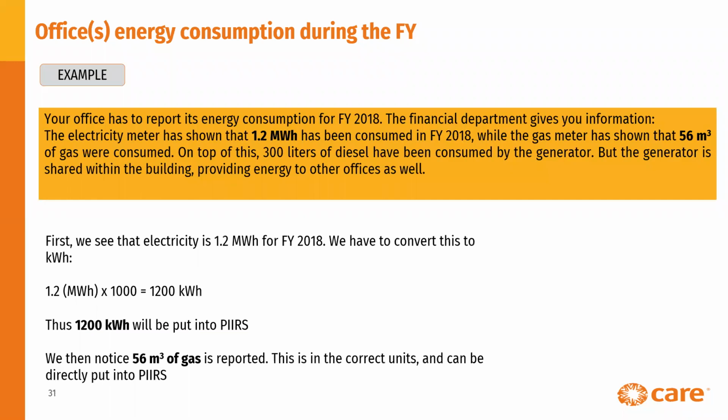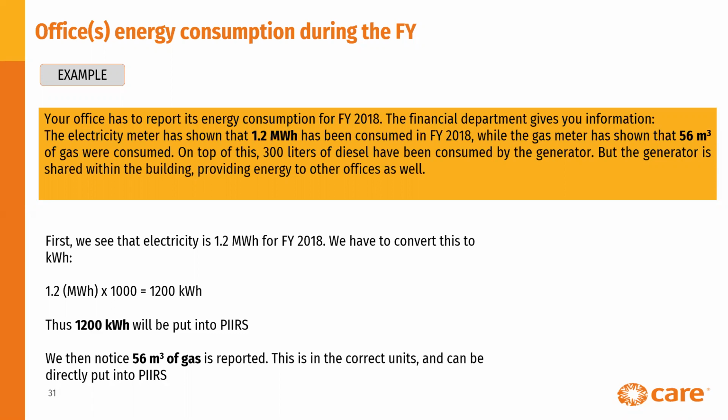We then move to an example to illustrate the filling in of this quite complicated section on the PIIRS set, the new PIIRS Climate Smart Indicator. So let's say your office has to report its energy consumption for fiscal year 2018. The financial department gives you some information.